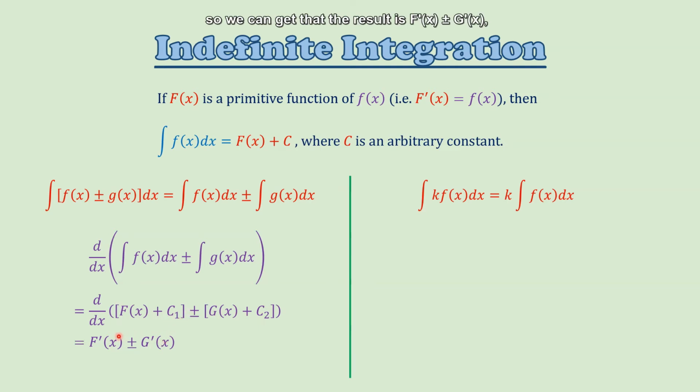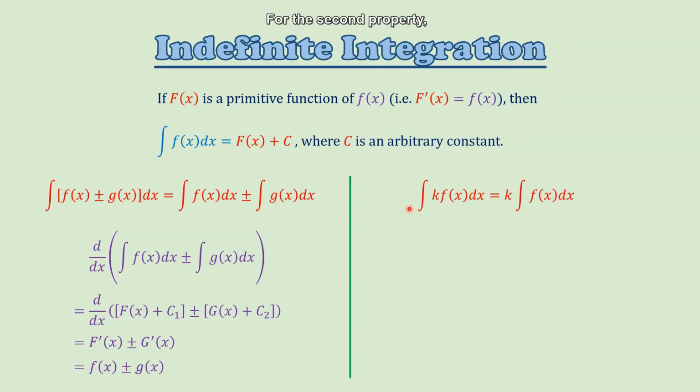So we can get that the result is capital F prime x plus or minus capital G prime x. And then by this definition, we can rewrite capital F prime x as small fx, and we can rewrite capital G prime x as small gx. Therefore, we can see that by differentiating this function, we can get back the integrand, and therefore this property is proved.